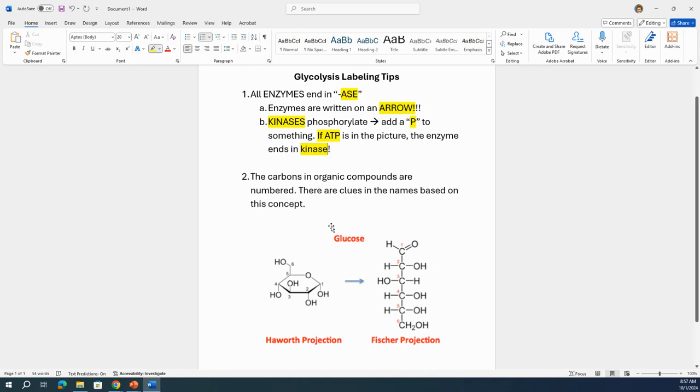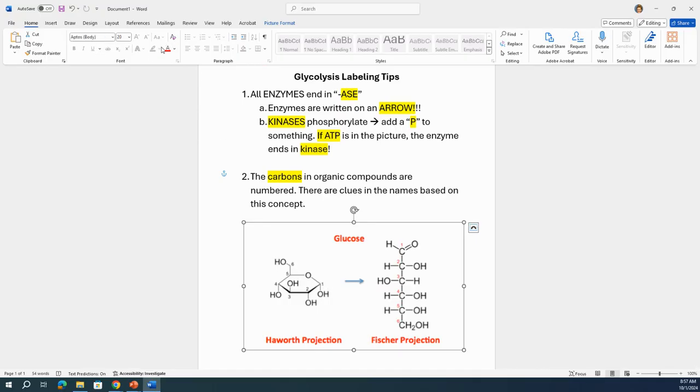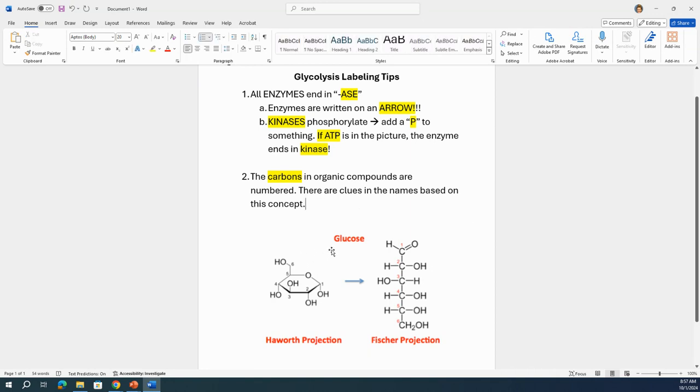Now, something else that could be helpful to you, and I know you're not in organic chemistry, but when you're looking at organic compounds, they're carbon compounds, the carbons are always numbered, okay? So just to give you an example here, this is glucose, and this is a picture so I can't easily highlight on it.